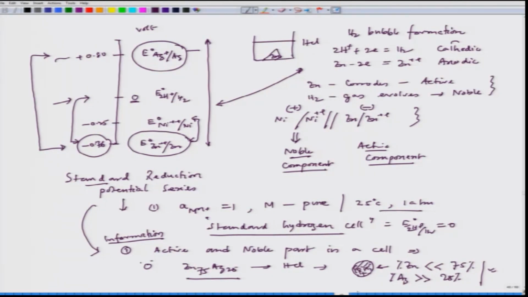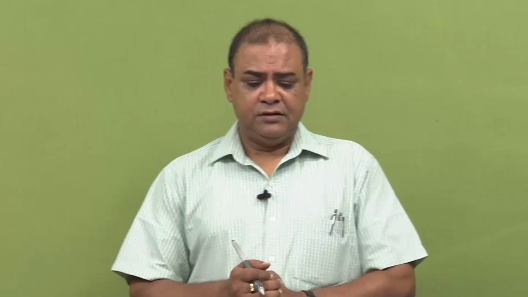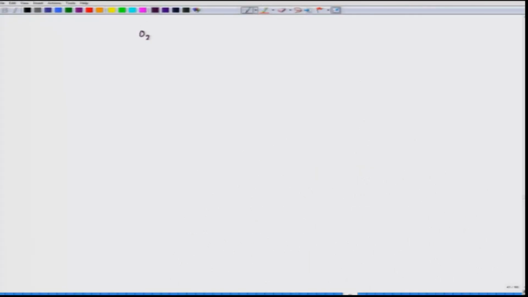Now, let us continue with our discussion. We see that in case of pure metal ion reduction, we can calculate standard reduction potential. Now, we have been talking about one reaction, which is O2 plus 2H2O plus 4e equal to 4OH minus. Or we have also mentioned another reaction, 4H plus 4e equal to 2H2.